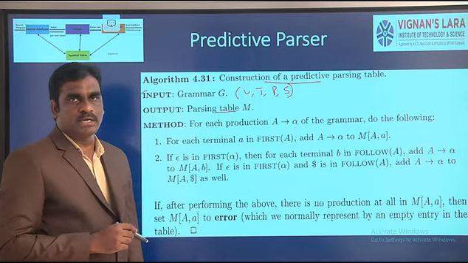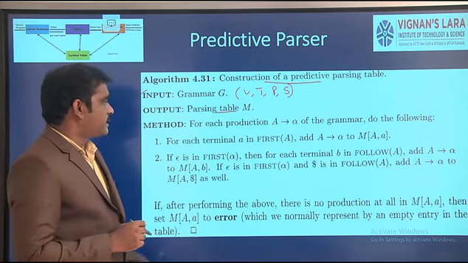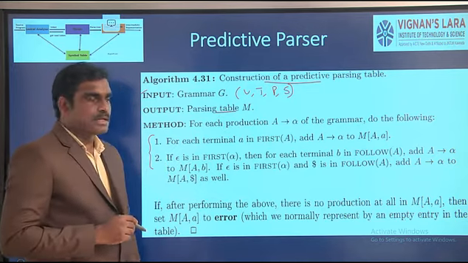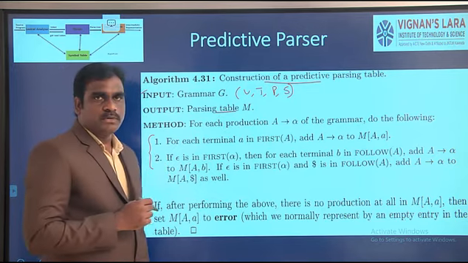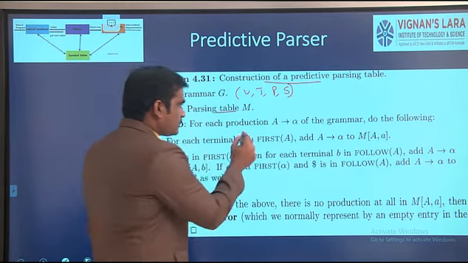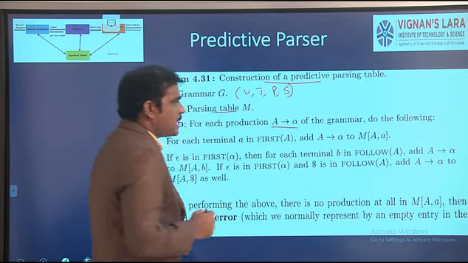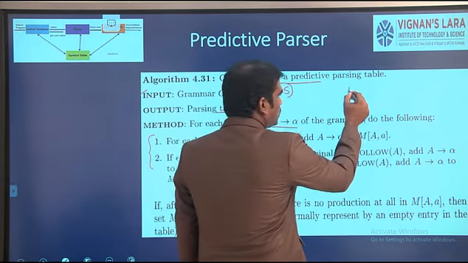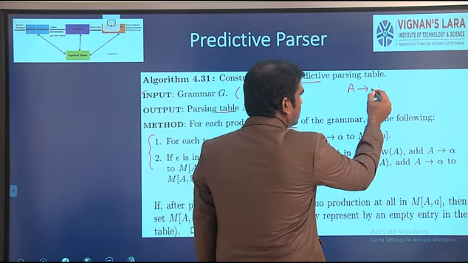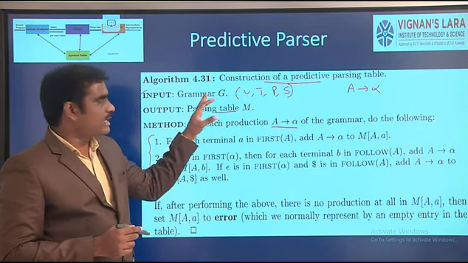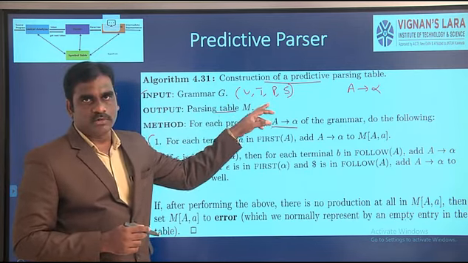And the method. Mainly in this method we are using two conditions. The production is of the form A to alpha. The given grammar contains a set of production rules.